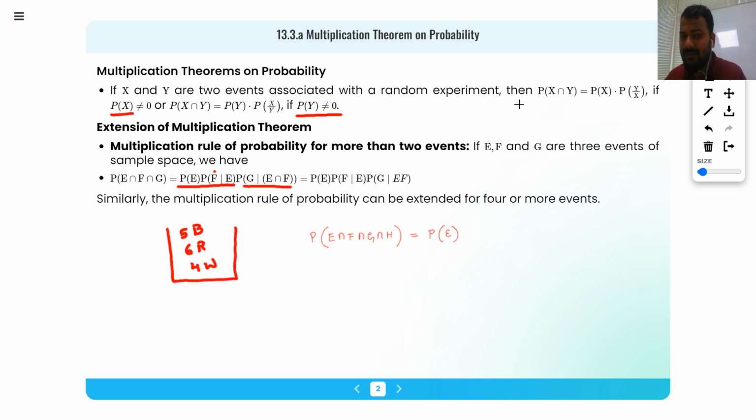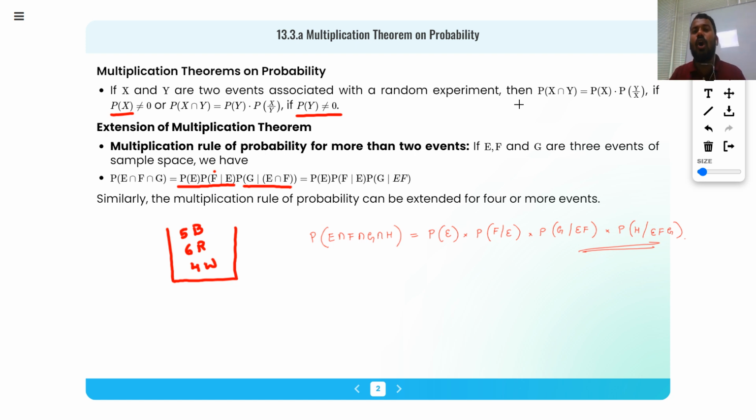You can even start with the second one, it doesn't matter here, times probability of F given E is done already, times probability of G given E and F are already done. Next, probability of H given that E, F, G have already happened. So this is how you can extend it to 4 terms as well, or even more terms.